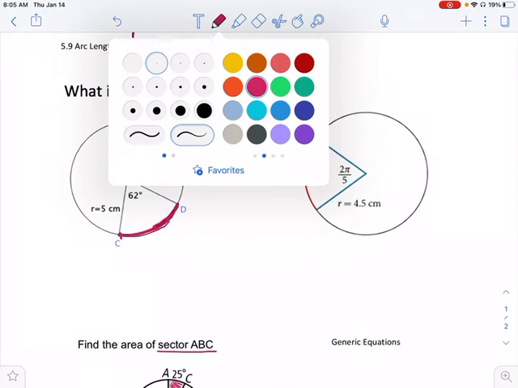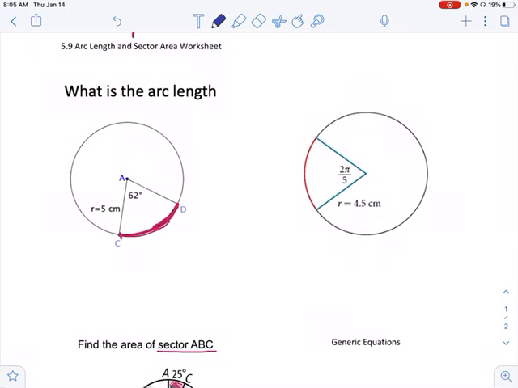So as we talked, I said there was going to be some additional vocabulary. What I want to introduce at this point is that this angle that we have here is called a central angle. So that central angle is 62 degrees.